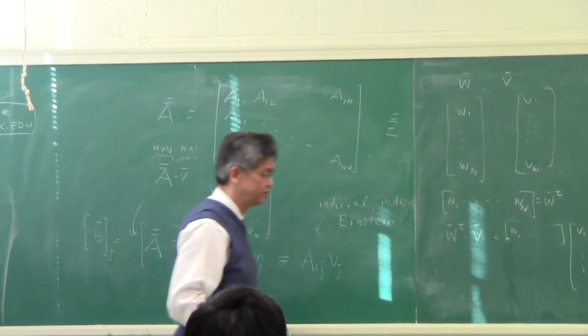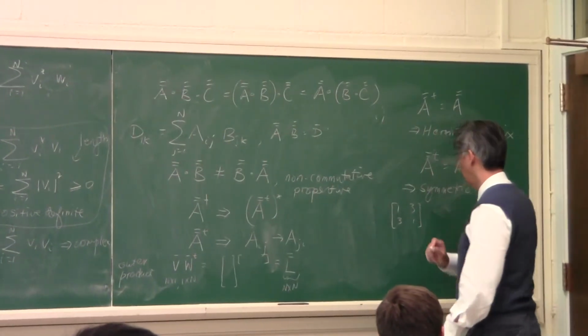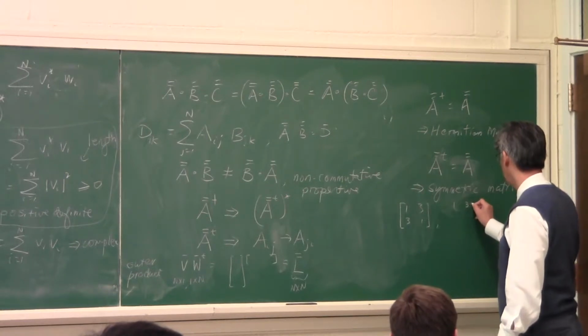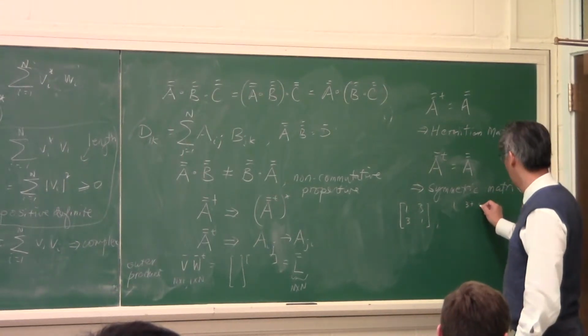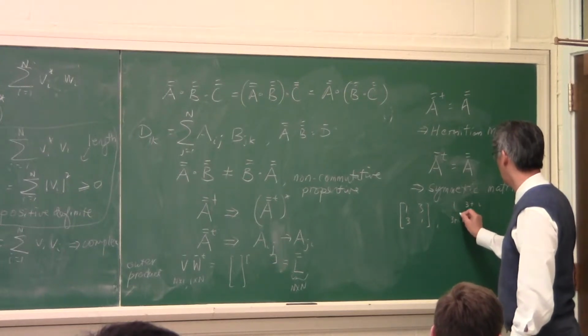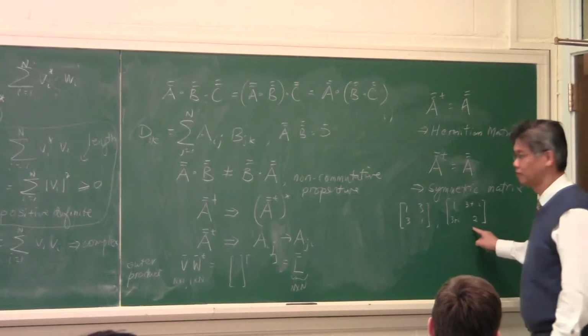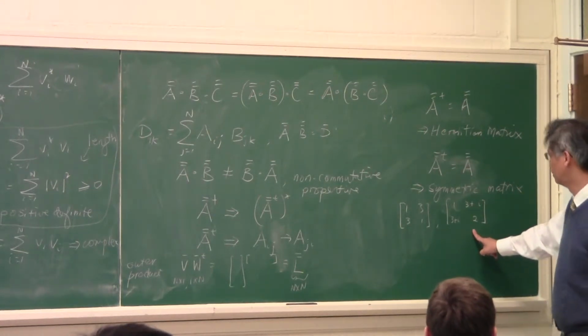For instance, this matrix 1, 3, 3, 1 is symmetric. This matrix 1, 3 plus, let me use I instead of J, 3 plus I, 2, is a symmetric matrix, but not Hermitian.